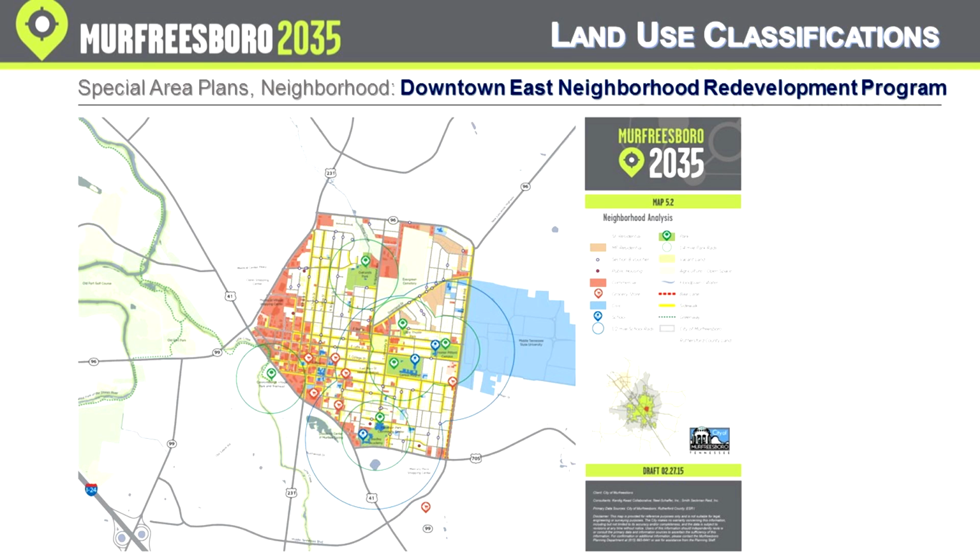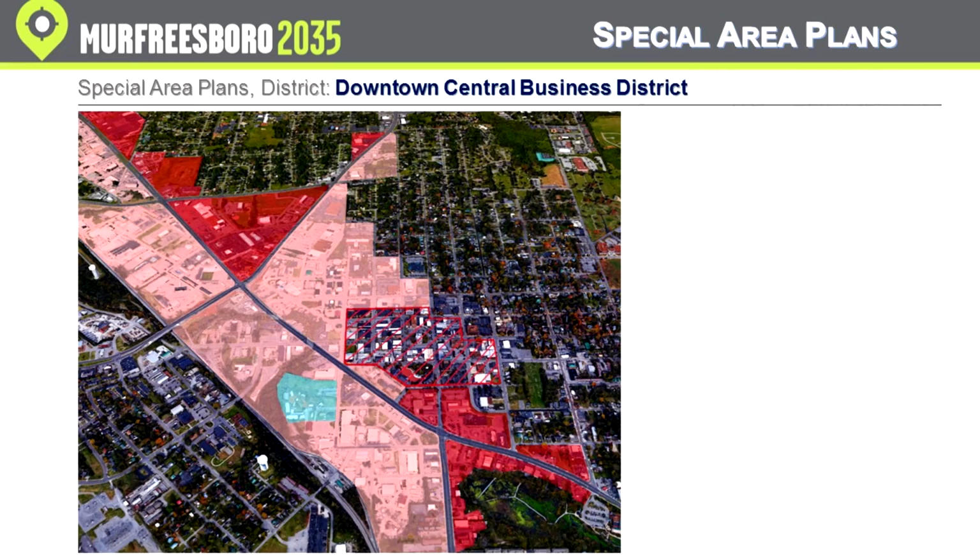It has a whole lot more sidewalks than most of the neighborhoods around Murfreesboro. It has a plethora of neighborhood commercial, parks, schools. It's your quintessential kind of neighborhood, what we'd like to see, although it's in need of a facelift in some areas. While it has all the right bones, it has good structure, a good mix of land uses, it still needs some work.